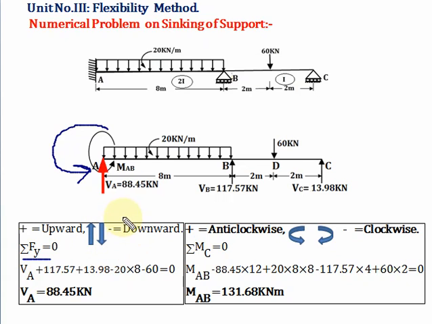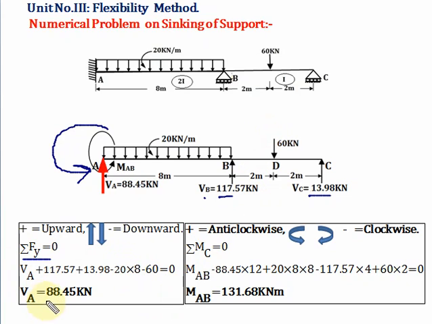Here VA is acting upward, so VA plus, VB acting upward, so plus 117.57, and VC is 13.98. These two values we have already calculated. The UDL is acting downward, so minus 20 into 8, and the point load is minus 60.